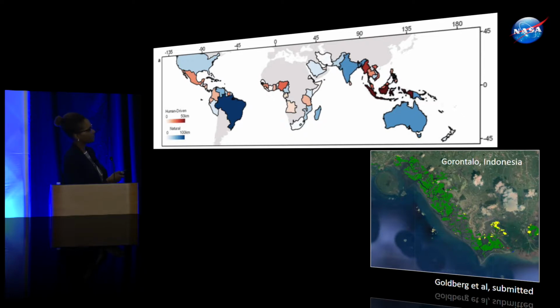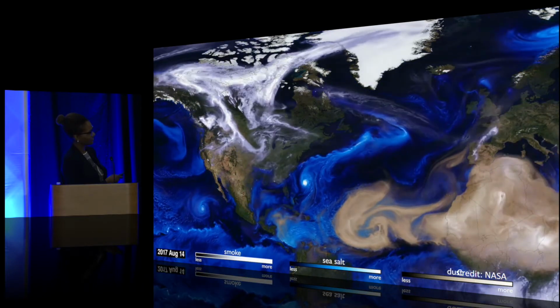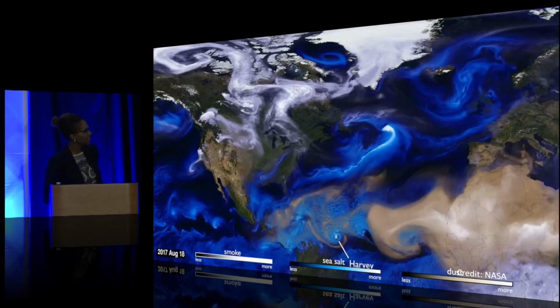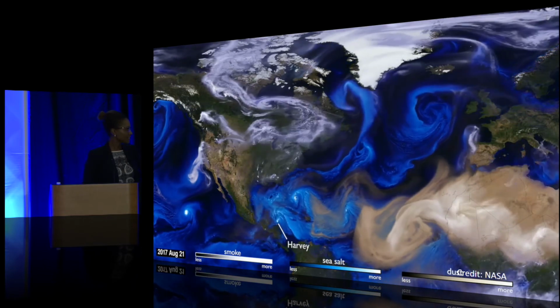All right, so now I'm going to focus a little bit more on this more natural driver of mangrove loss and zoom in on our area here, South Florida and the Caribbean. This is a video made by NASA's Global Modeling and Assimilation Office showing the really intense hurricane season from 2017.